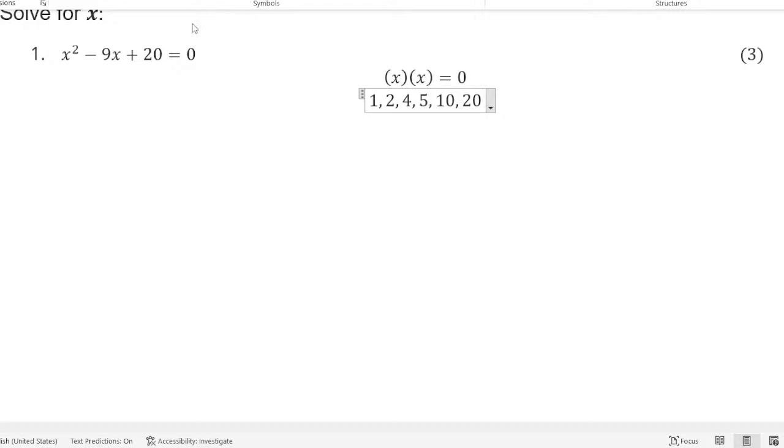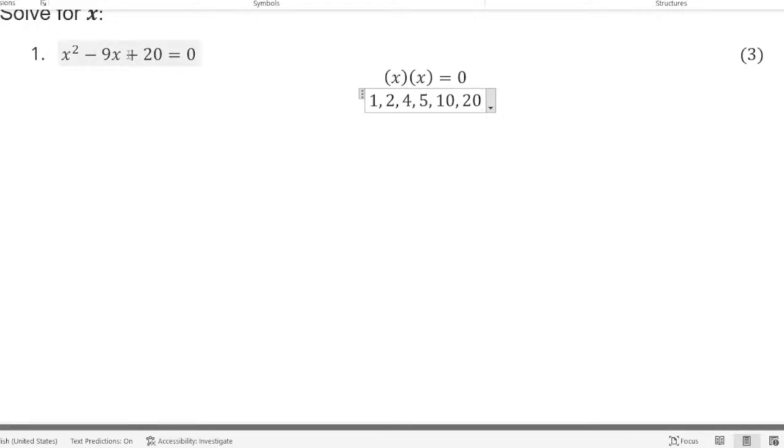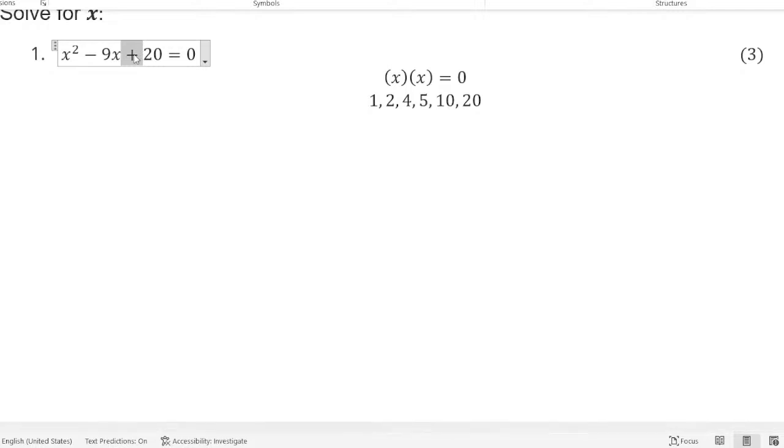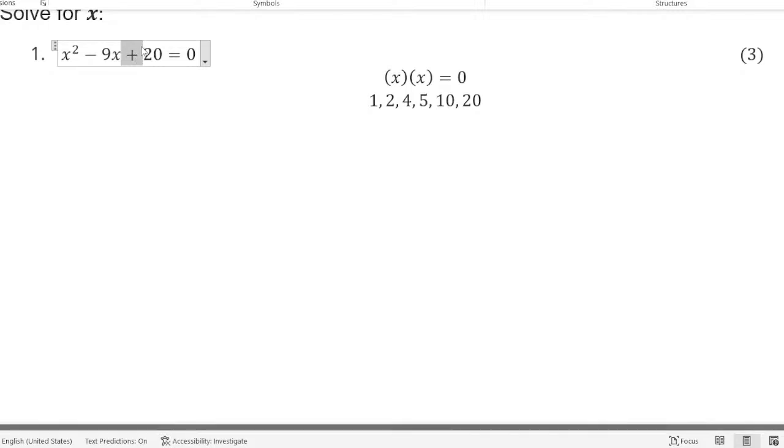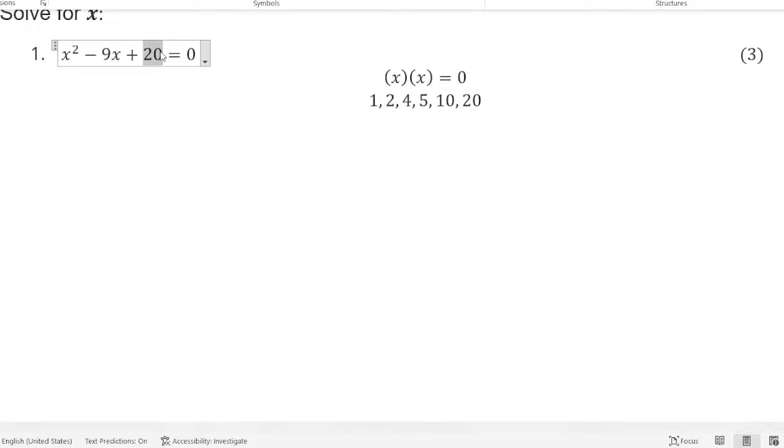So remember, here we have a positive sign. If the last term is positive, which means we have to add the factors of the last term, in this case 20, which will give us the middle term.